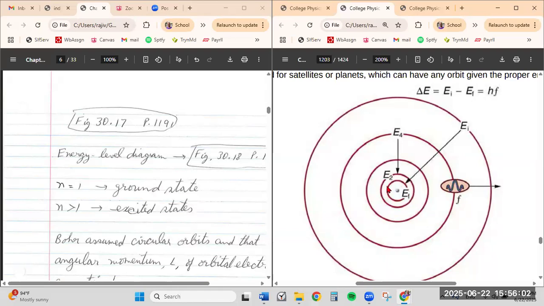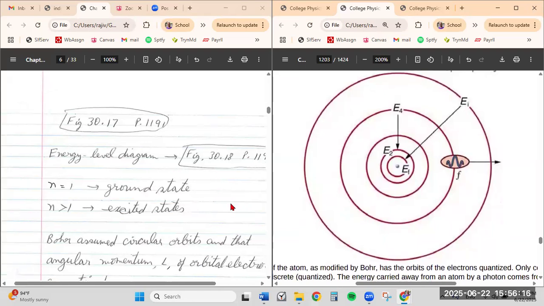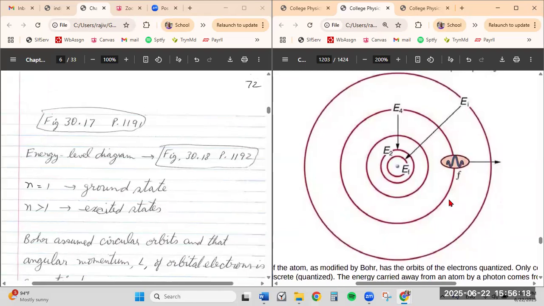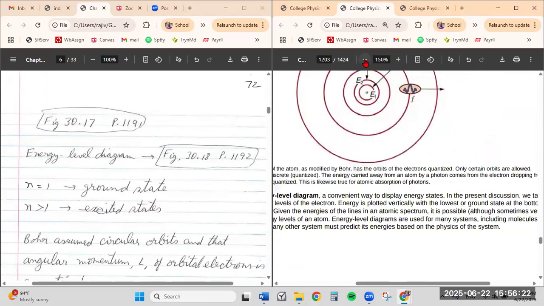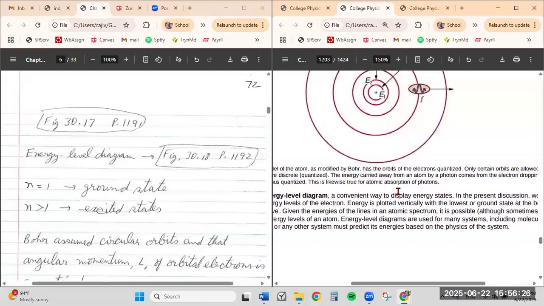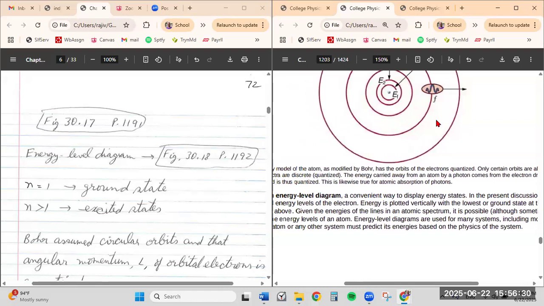So E1 is the orbit with the smallest energy, and then E2, E3, E4, etc. This is a good illustration of the quantization.